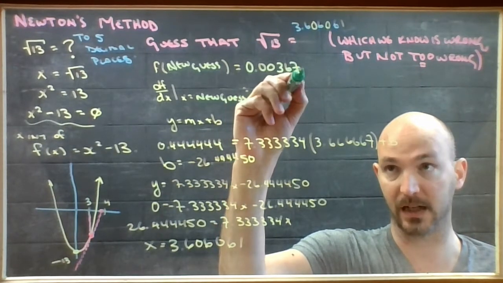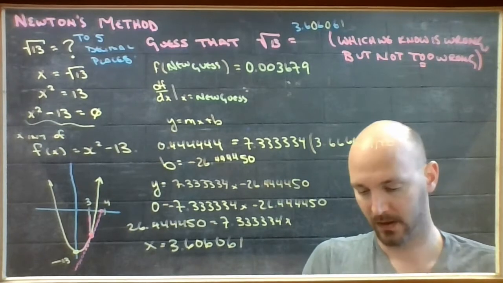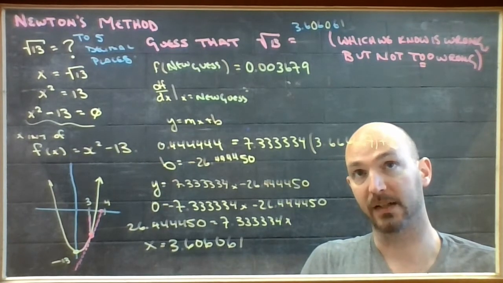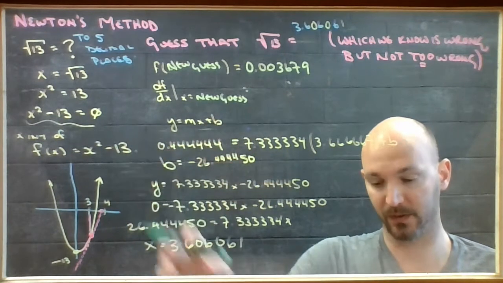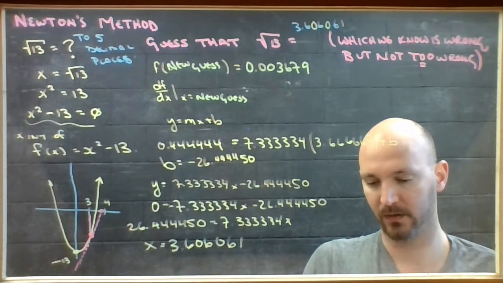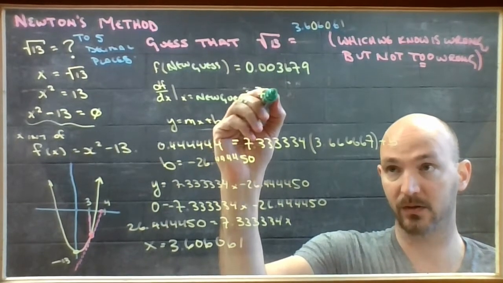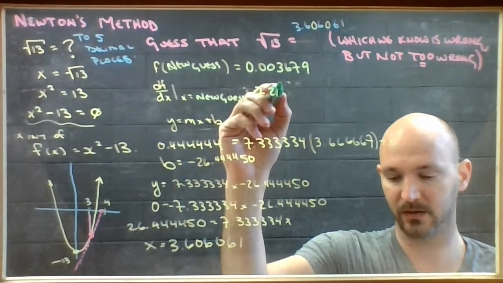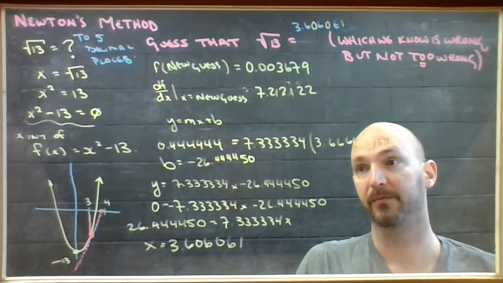The next one is a 9 and it rounds down. Keep that. 3.60661 times 2 in order to do the derivative is 7.21212.